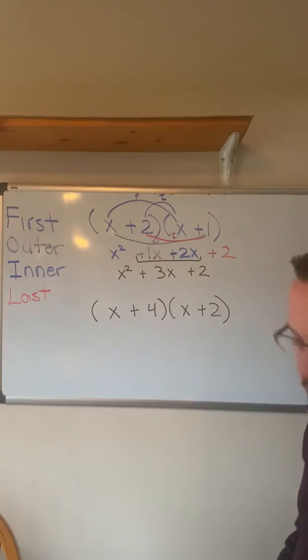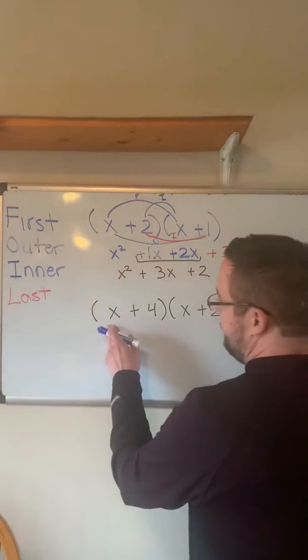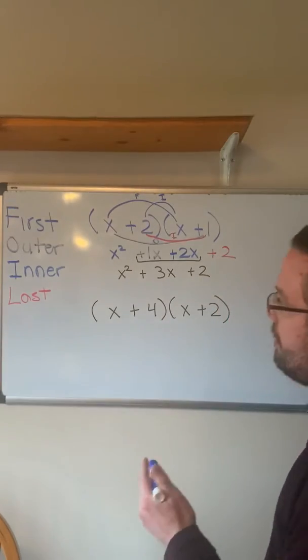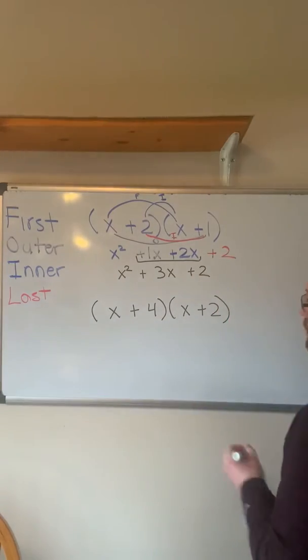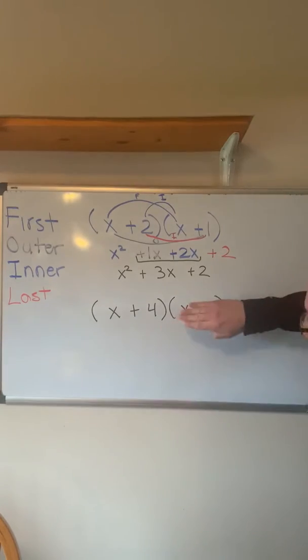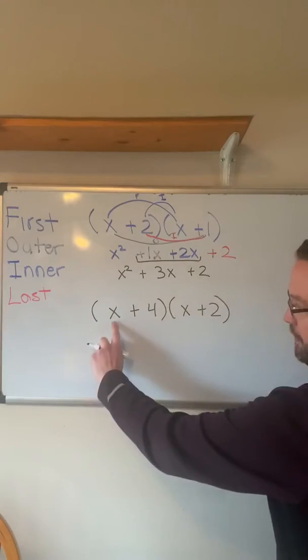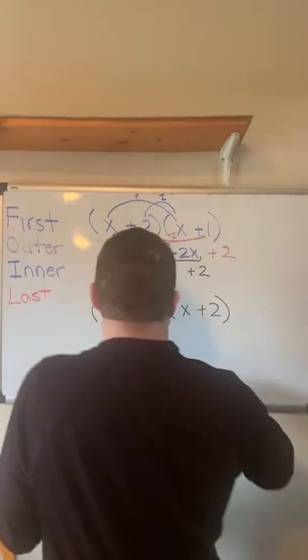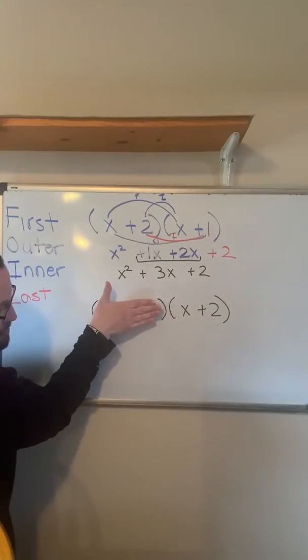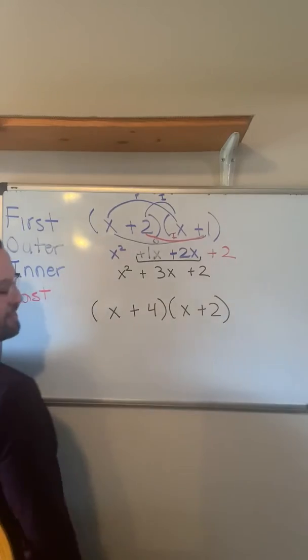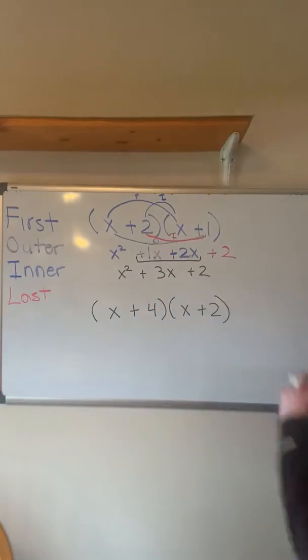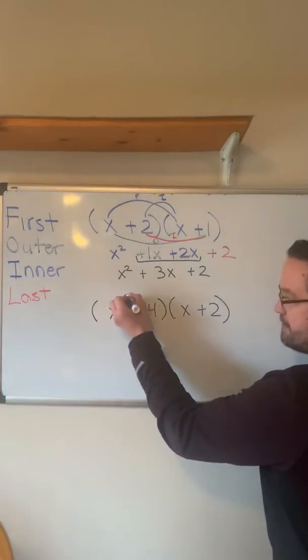So I've got a positive and a positive. I start off with my two first terms, okay? If it helps you, if I look at just x plus 4, the first term is x. If I look at x plus 2, the first term is just the x. So my first letter is first.